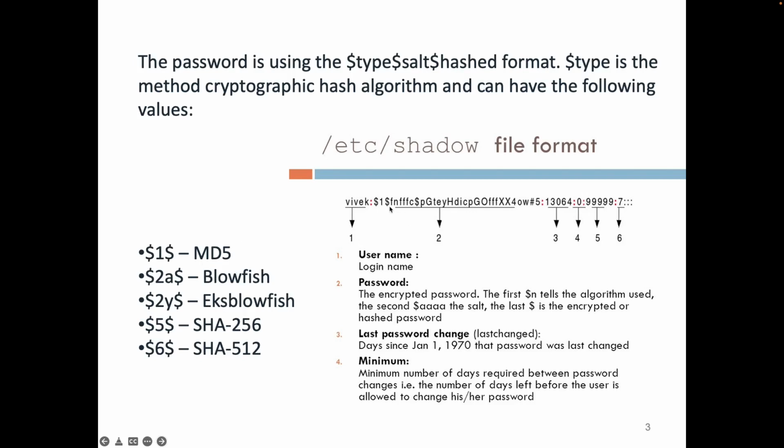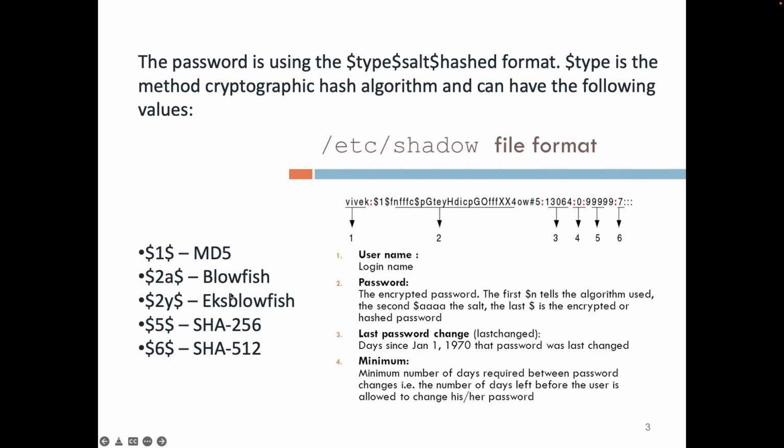Then there is a 6-digit salt, which is used to randomize the generated hash. Following the salt is the hash, a long string.